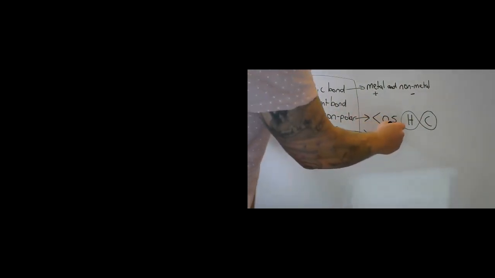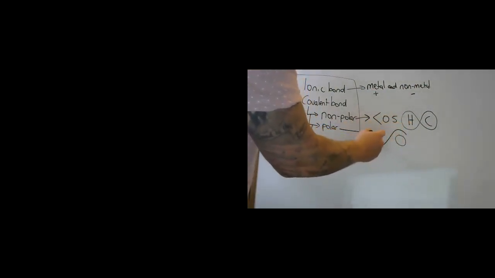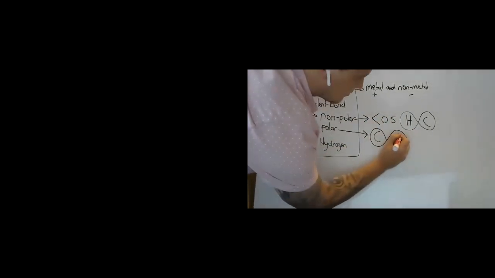Polar is the opposite. Well, not quite the opposite, but just there. So we have carbon and oxygen. Carbon is less electronegative than oxygen. So what happens is oxygen already has 2 unbound electrons on it when it's bound to carbon. I don't know if you can see that on the whiteboard actually. That's small.